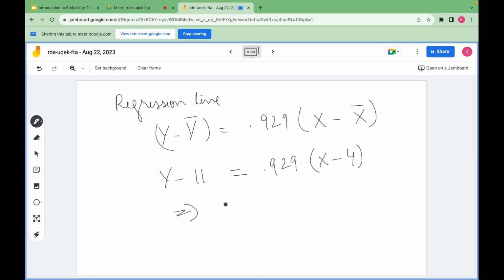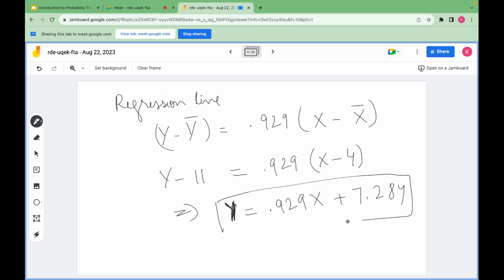So this will come out to be y equal to 0.929x plus 7.284. This is when y is dependent. Okay, so I hope this is clear.